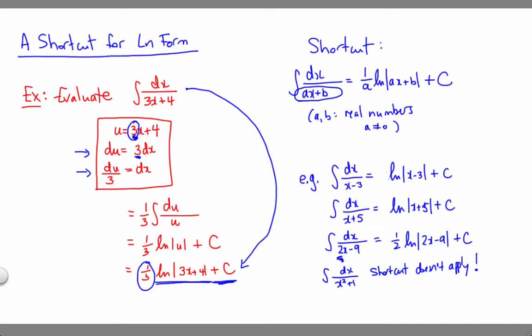It doesn't apply when you've got something like an x squared or square root or anything other than this specific form. So in fact, you may remember from previous discussions in the course that when you integrate dx over x squared plus 1, what you're actually going to get is arctan x. So certainly the shortcut does not apply in this case here.